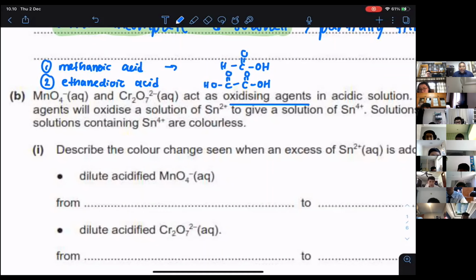They can be oxidized by a strong oxidizing agent, which is the one mentioned over here. They do get oxidized to give you carbon dioxide and water. Later we will learn about this, but anyway, now we'll just move on.